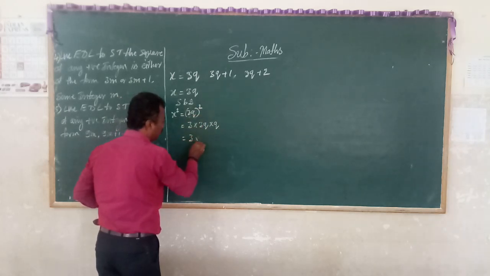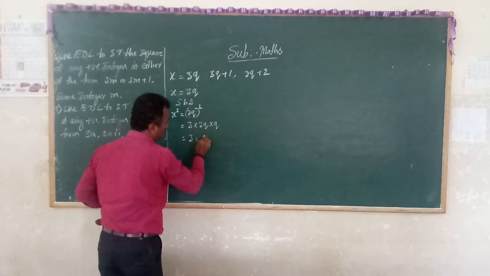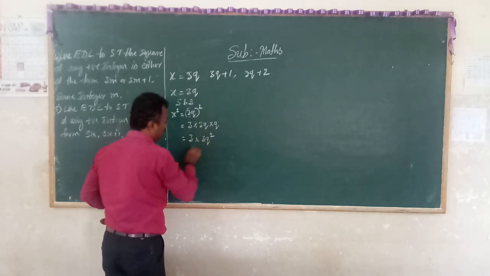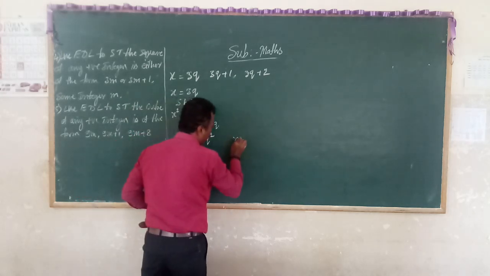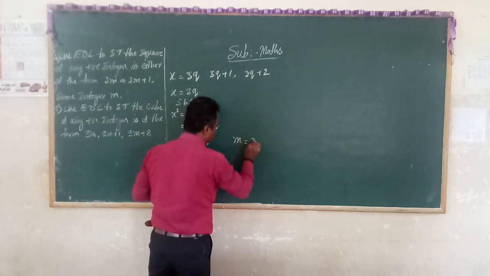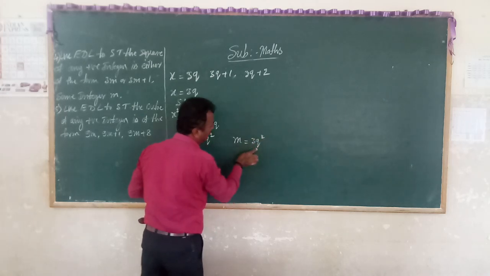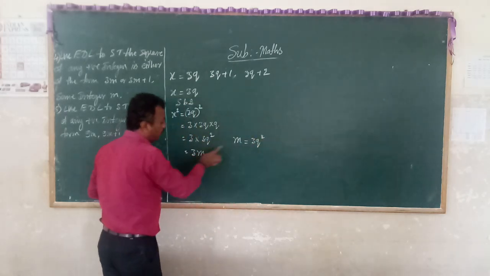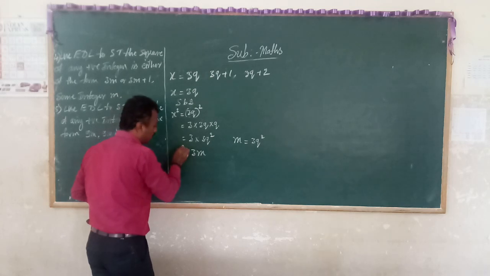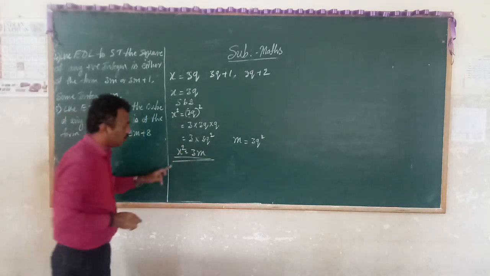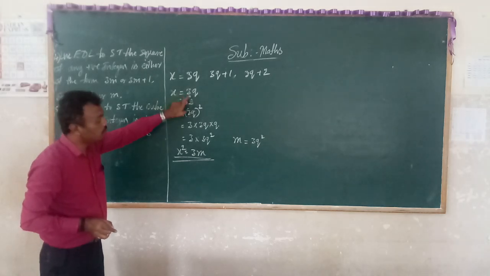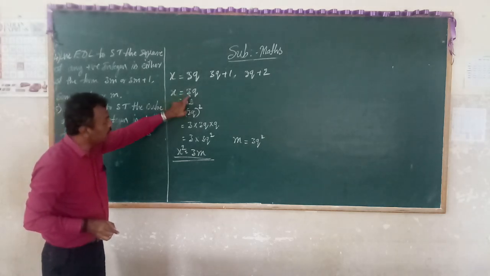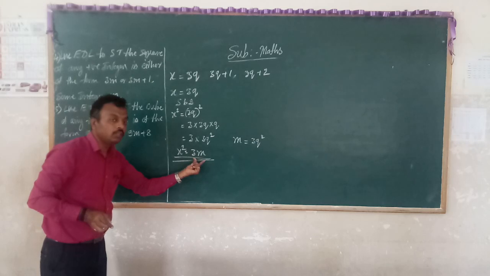So 3 into 3 into q square, 9q square. Instead I will write 3m, where m is some integer, I will take m equal to 3q square. You can give any value of q and you will get that x value. This is x square. So you take any positive integer and square it. If you square these numbers, this form becomes 3m.